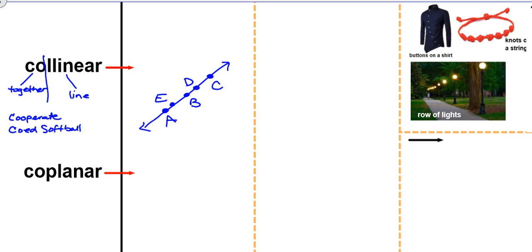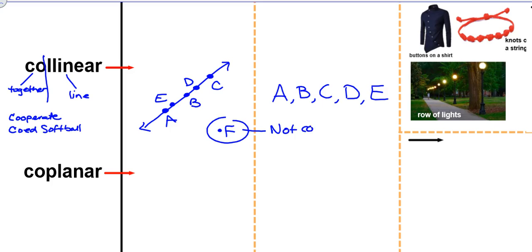To name those, we have points A, B, C, D, and E. They are all on the same line. Is F collinear with the others? It is not collinear. It is not on the same line as A, B, C, D, and E.